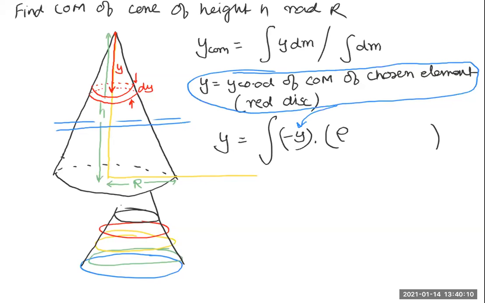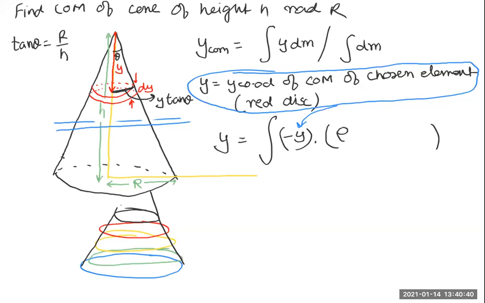Well, it is actually similarity, but I will go about it in a different manner. I will say that this is angle theta, and if this is angle theta, then this radius becomes y tan theta. Okay, because tan theta is equal to opposite over adjacent. Adjacent is y, so I get y tan theta. Remember that tan theta is nothing but r upon h.